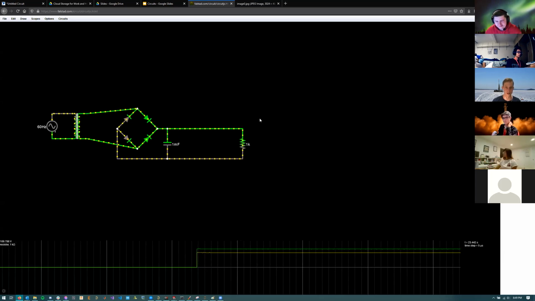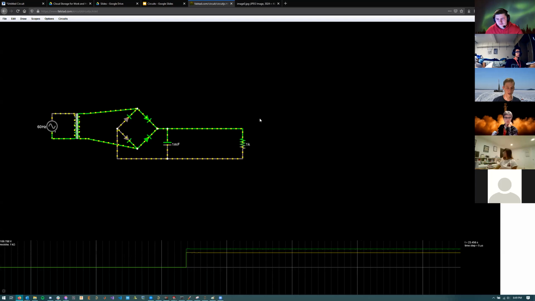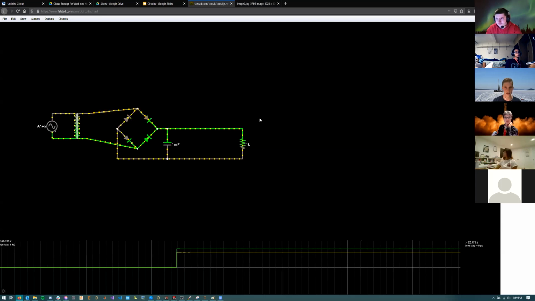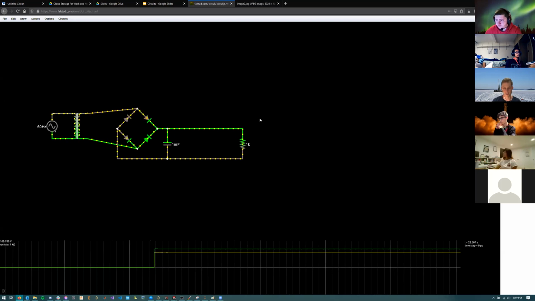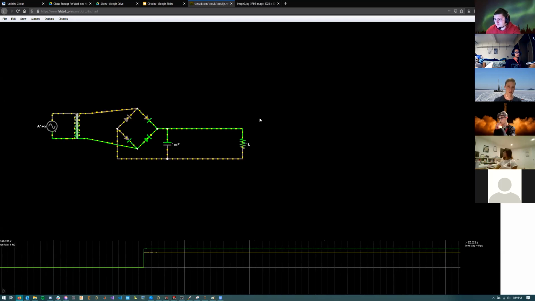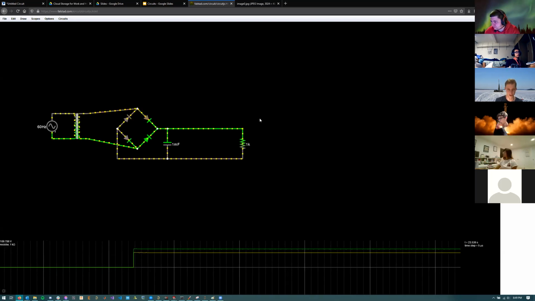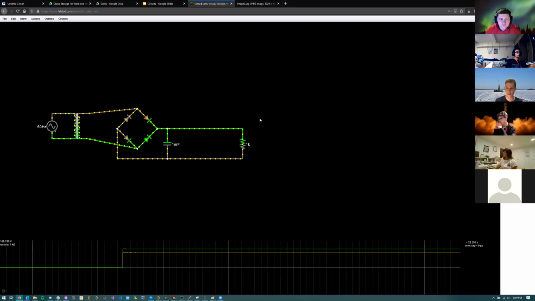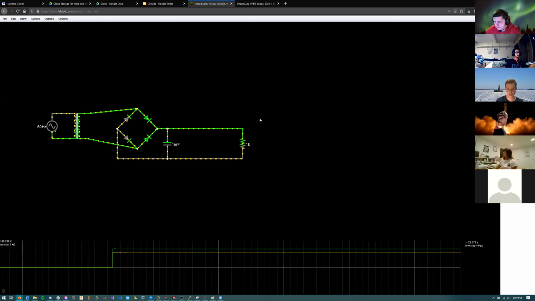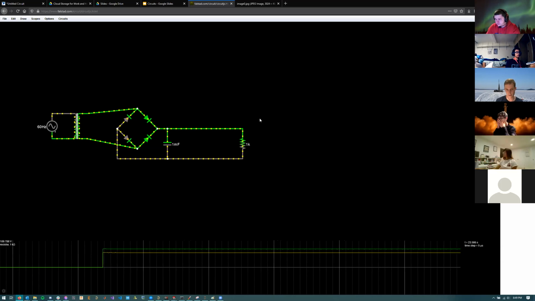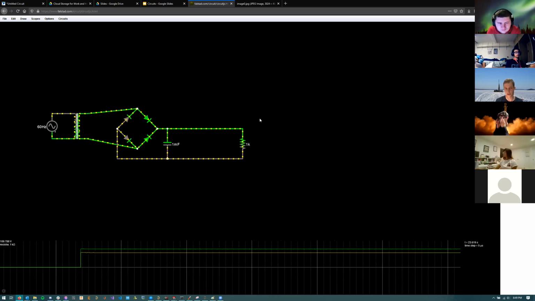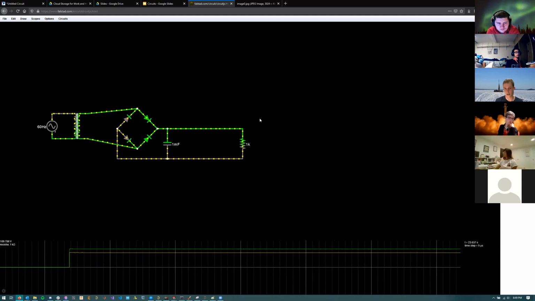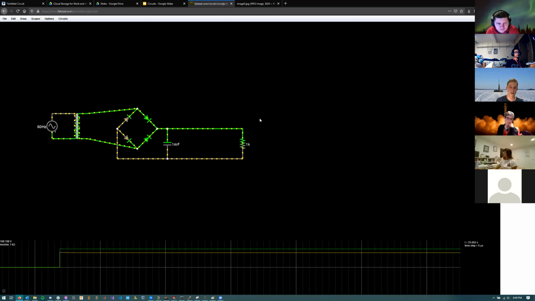Are there any questions about the basics of diodes, resistors, inductors, capacitors? We can quickly discuss. Yes. So resistors and capacitors work the same in AC and DC? Not quite. A resistor, yes.